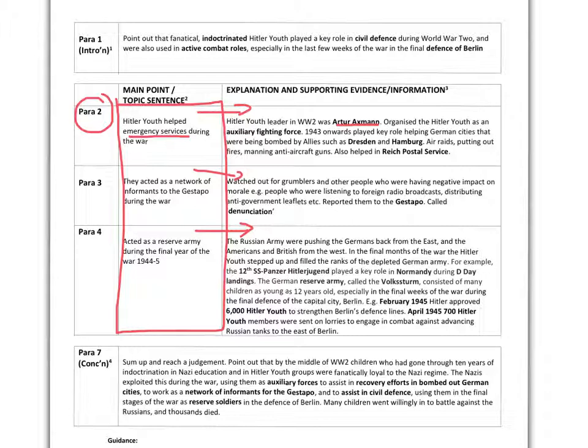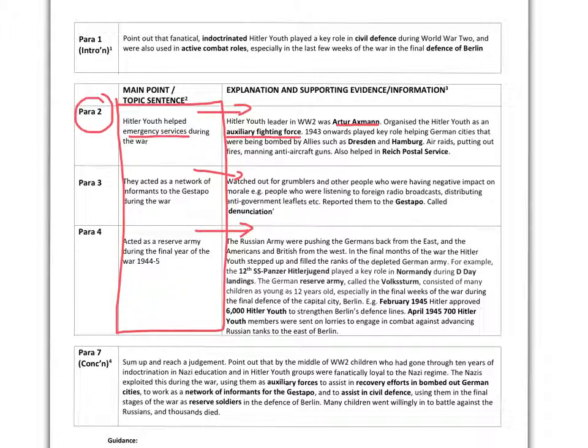Fairly straightforward one for you to learn, and it'll be a good name for you to learn. He, during World War II, organised the Hitler Youth into being what we call an auxiliary fighting force. Auxiliary means supplementary. They would actually supplement the ordinary forces, the regular forces, in various ways.